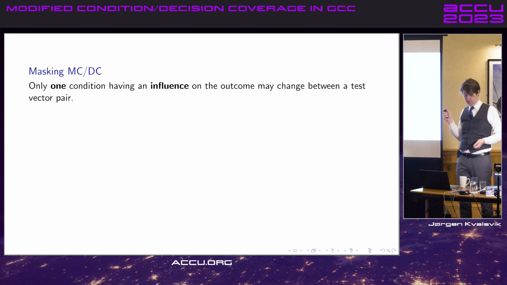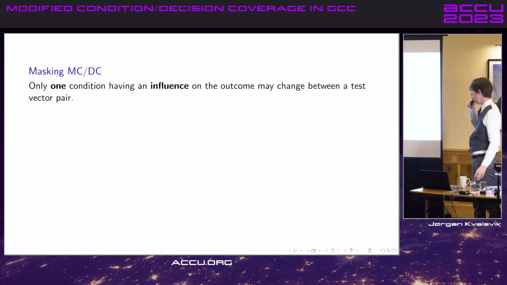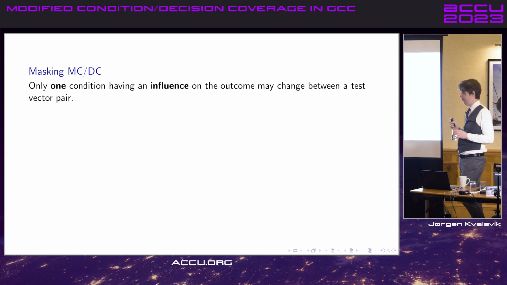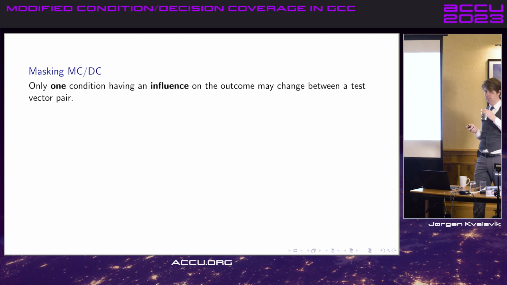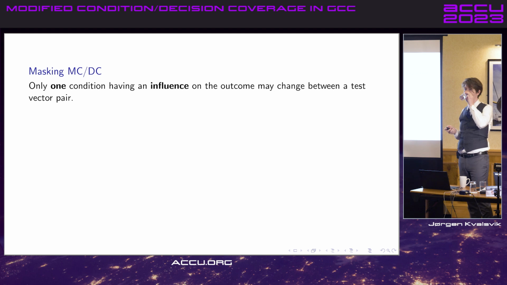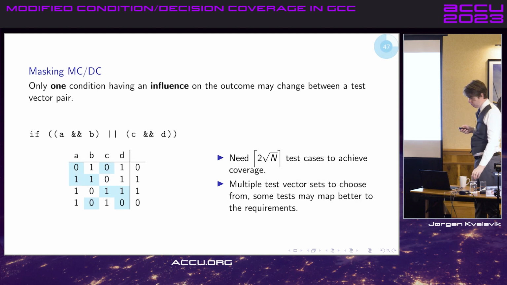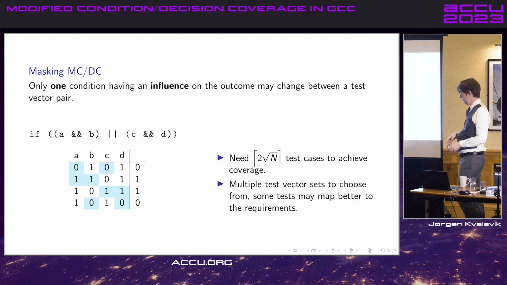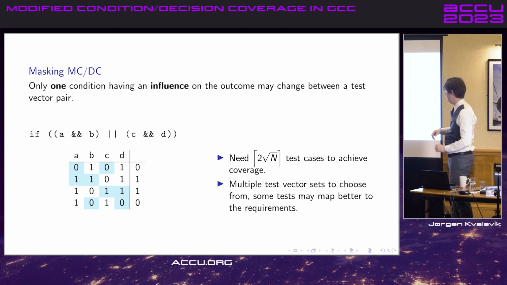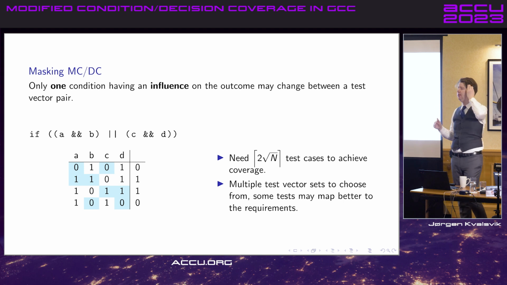There is another kind, which is called masking MCDC, which states that only one condition having an influence on the outcome may change during a test vector pair. So this is an example of that, and you can see that the blue marking is just all over the table now. So it doesn't follow this nice structure.